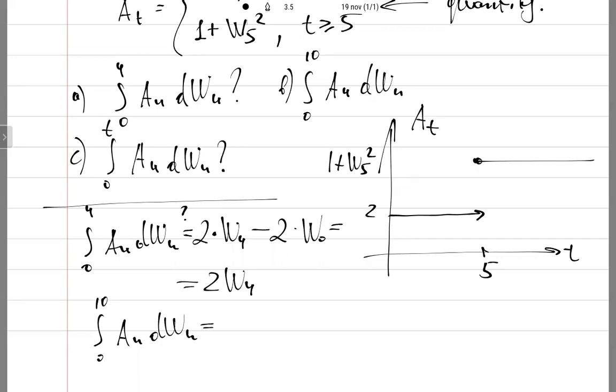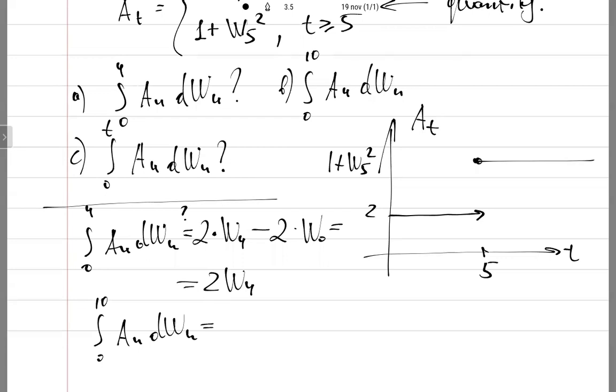What was your initial wealth? Your initial wealth was 2 cups times the price of a cup, W_0. Your final wealth: the price changes. You have 2 cups, you do nothing, but the price changes. So your final wealth will be 2 cups multiplied by the final price W_4, which is 2 times W_4.